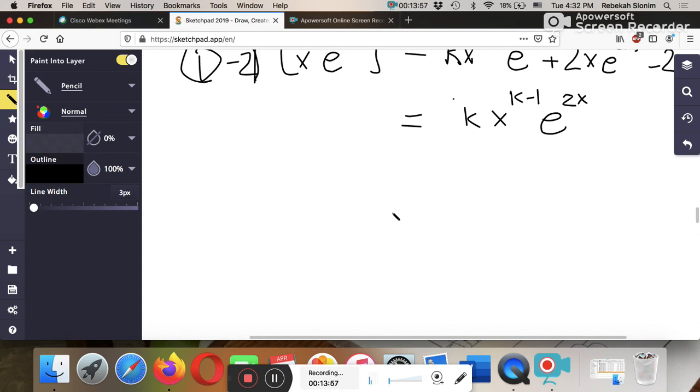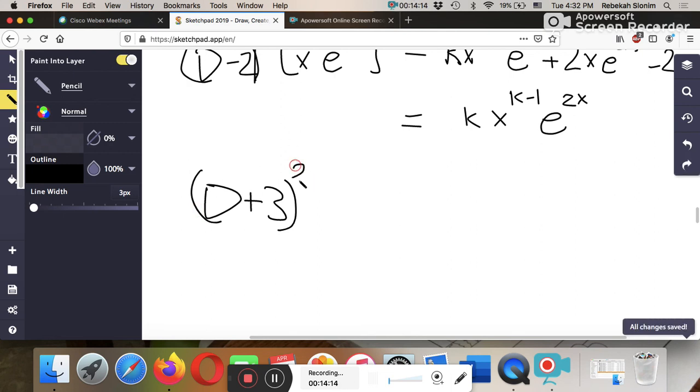Okay, maybe one more thing I want to do is say, what would D plus 3 squared applied to, let's say, x to the fifth? What would that mean?